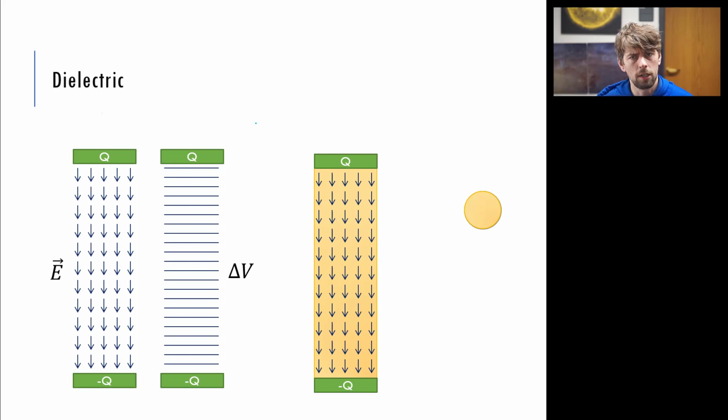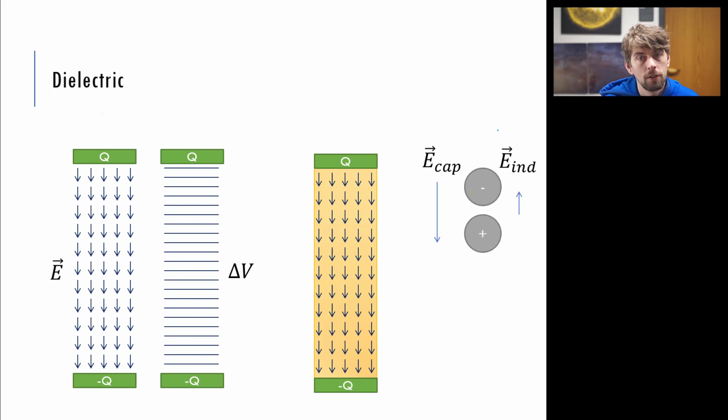Now, you already know what will happen. If I have a material, perhaps a material that starts out as neutral, but I expose it to an electric field, you know that the positive charges will move one way in the electric field, and the negative charges will move the other way. In other words, I will have an induced polarization within the material.